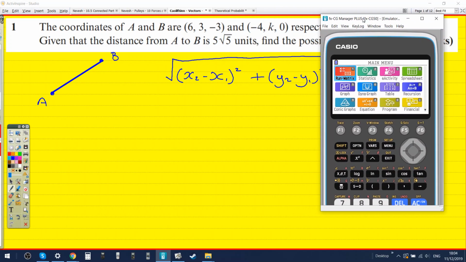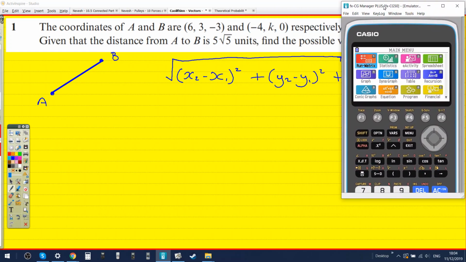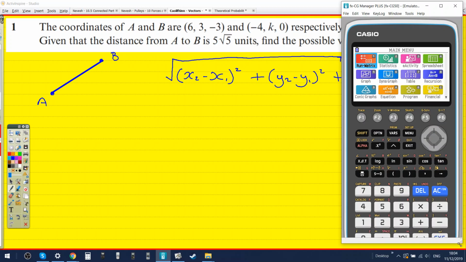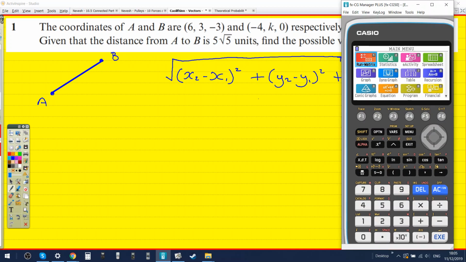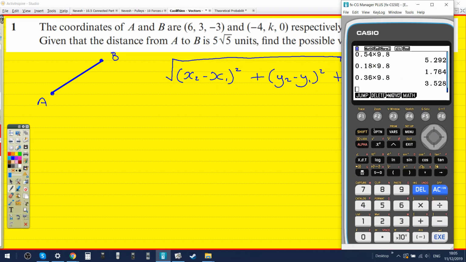So 5 root 5 is equal to the square root of minus 10 squared plus k minus 3 squared plus 3 squared. So 5 root 5 is equal to the square root of 100 plus k minus 3 squared plus 9.